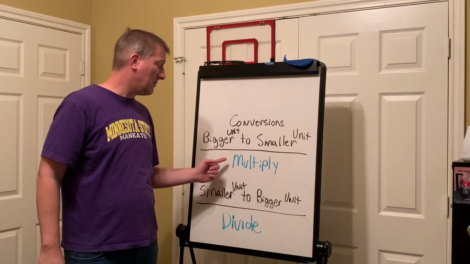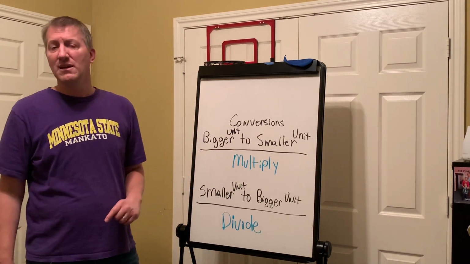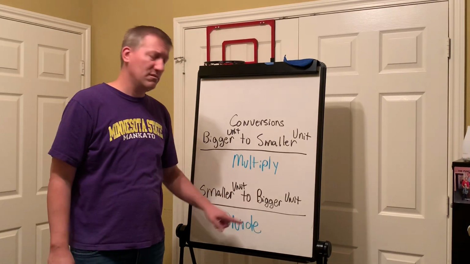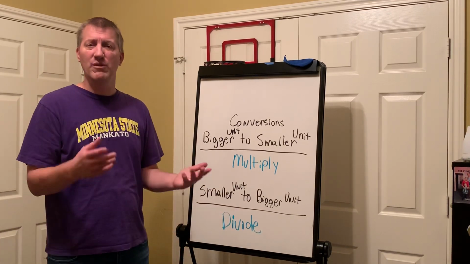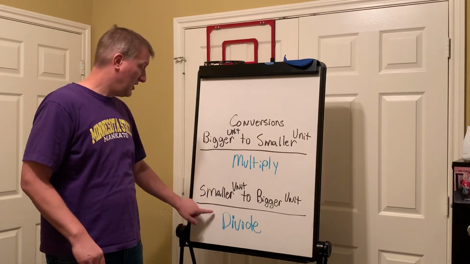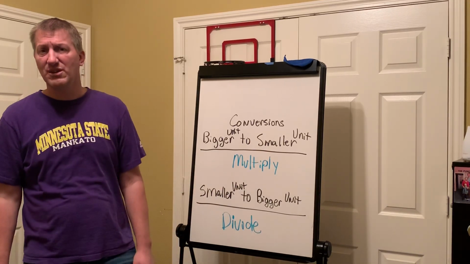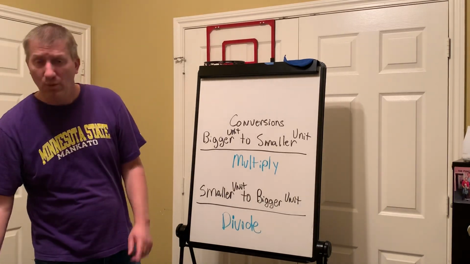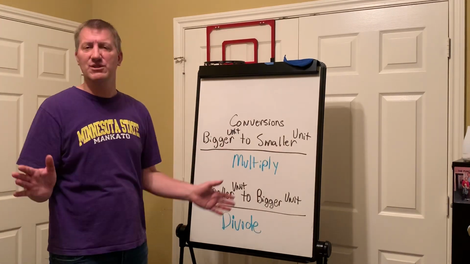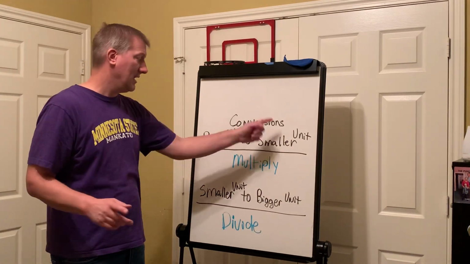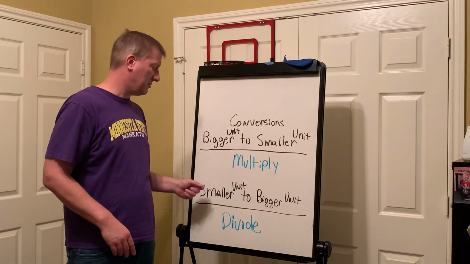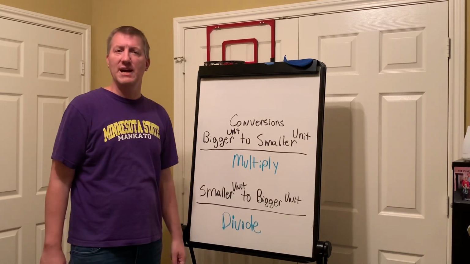So going from bigger to smaller, you multiply. When you're going from a smaller unit to a bigger unit, say from centimeters to kilometers, you divide. This is the rule to remember whenever you're doing any conversions, whether customary or metric: bigger to smaller, you multiply. Smaller to bigger, you divide.